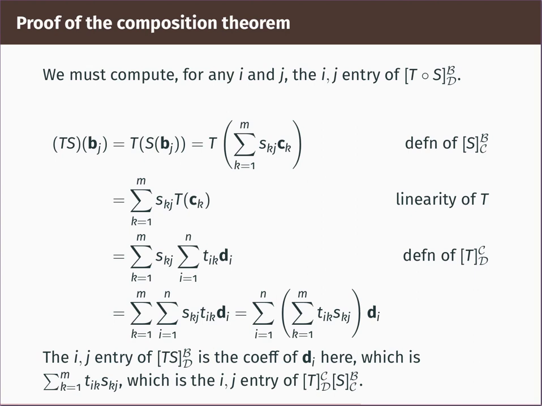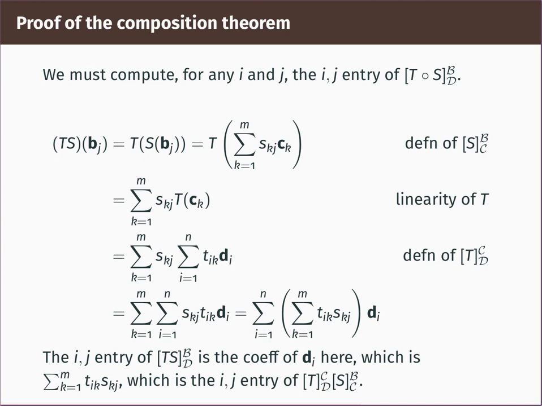To evaluate that, we use the fact that T composed with S of B_j is T of S of B subscript j, and we have an expression for S of B_j using the notation that we introduced for the matrix of S with respect to initial basis B and final basis C. So we can replace S of B_j by T of the sum from k equals 1 to m of s_kj C_k.